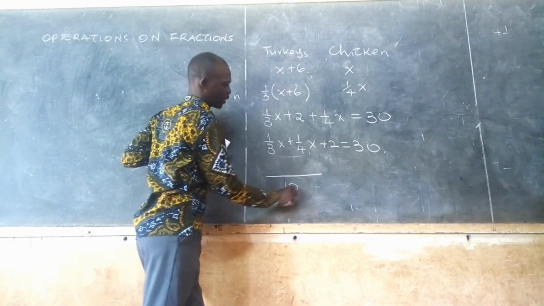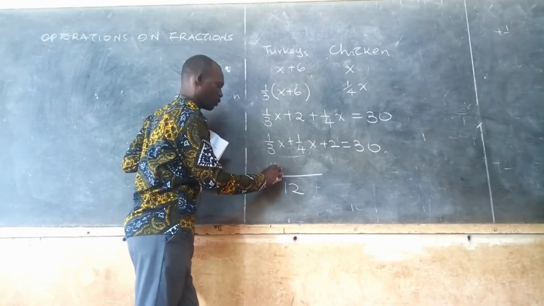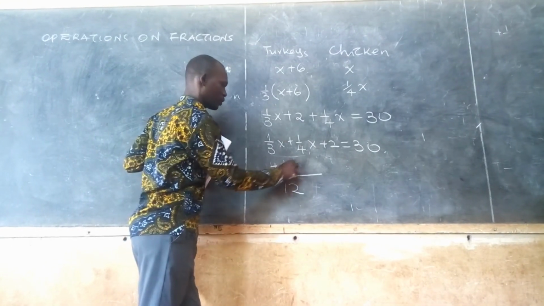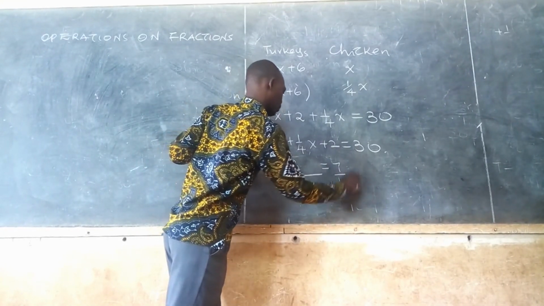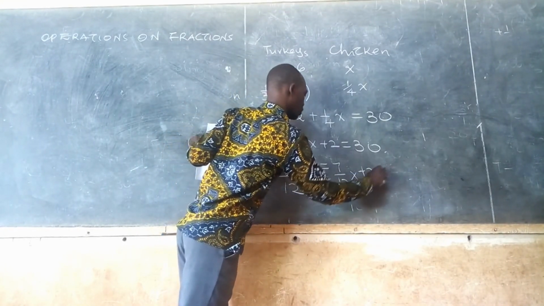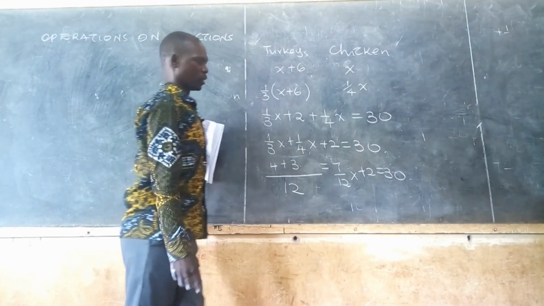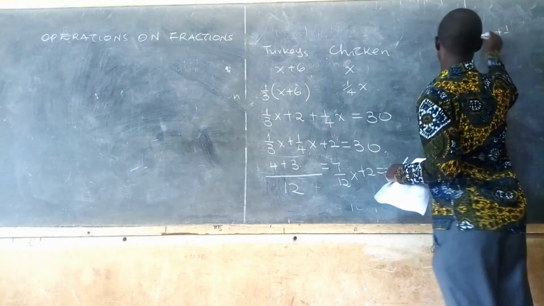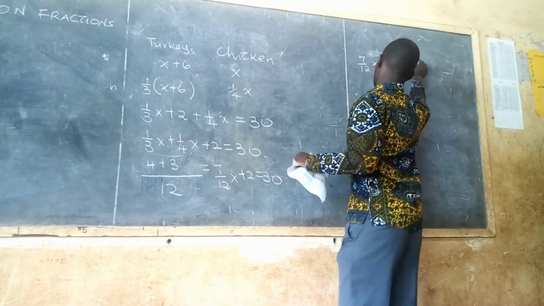We have 12 direct multiplication, that will be 4 plus 3. So we have 7 over 12x plus 2 to give us 30.